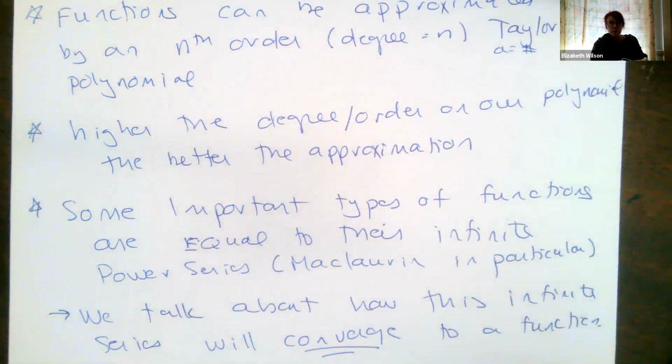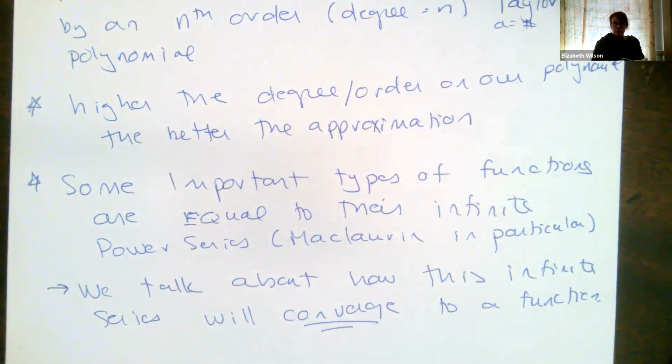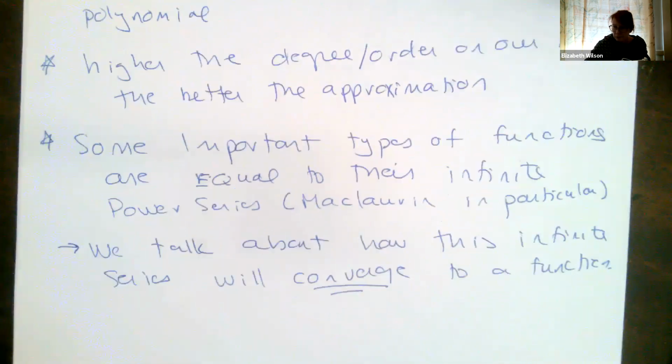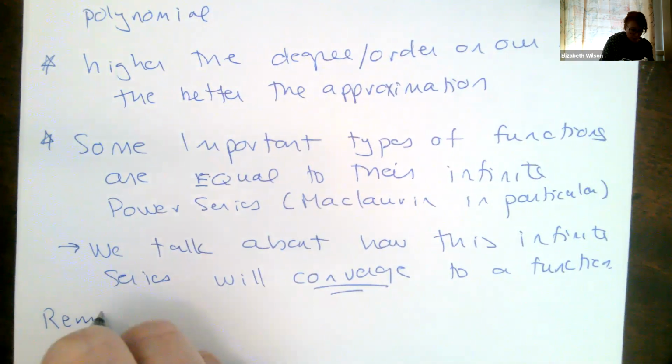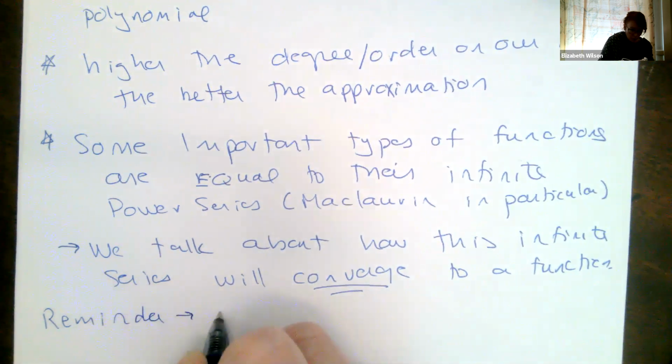Remember we talked about convergence with the improper integrals? It's a limit. As we approach infinity, where is this thing going? In this case, we're going to take the limit of our power series and it's going to converge right on top of our function. So it's going to become our function. So let's remember, what is our power series?